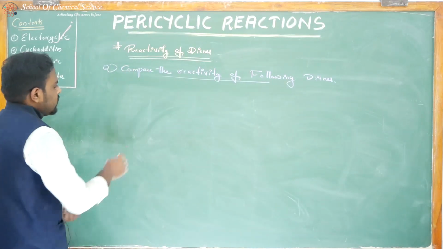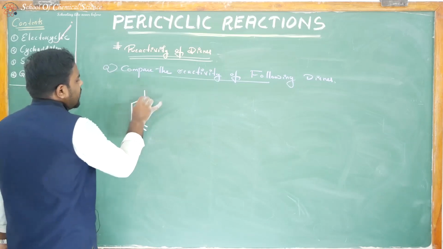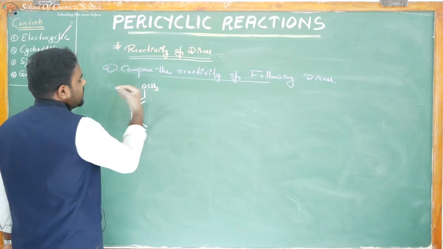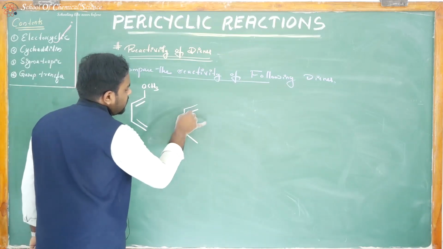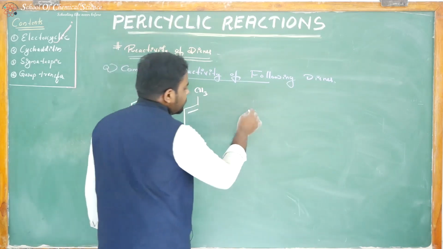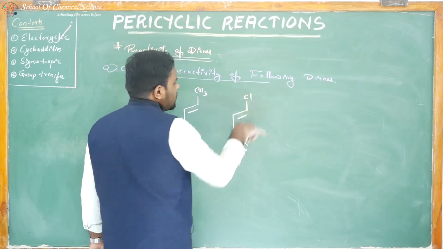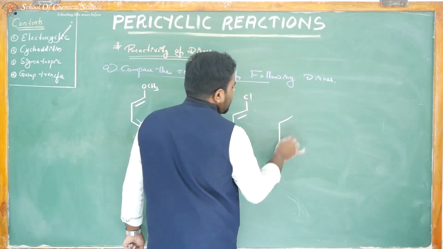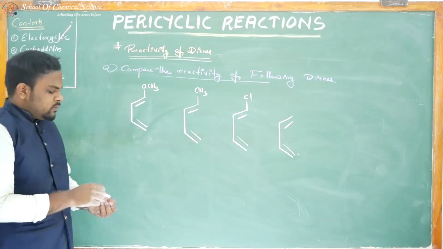For example, here a group OCH3 is present. Then next one, here a group CH3 is present. Here a group chlorine is present. This is simple 1,3-butadiene.